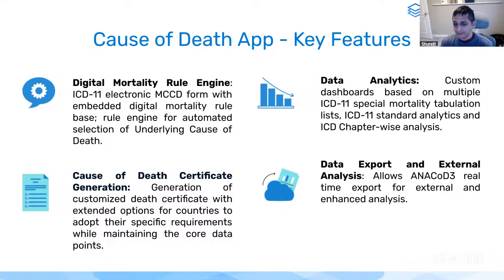This is something that we would promote quite a bit, as all of the various rules and logic that's incorporated with selecting the underlying cause of death has been incorporated into this engine, and it's quite accurate in terms of selecting the cause of death. We'll demonstrate a couple of use cases where, in other situations, the underlying cause would be incorrectly selected. However, it's selected correctly as a result of using this rule engine.